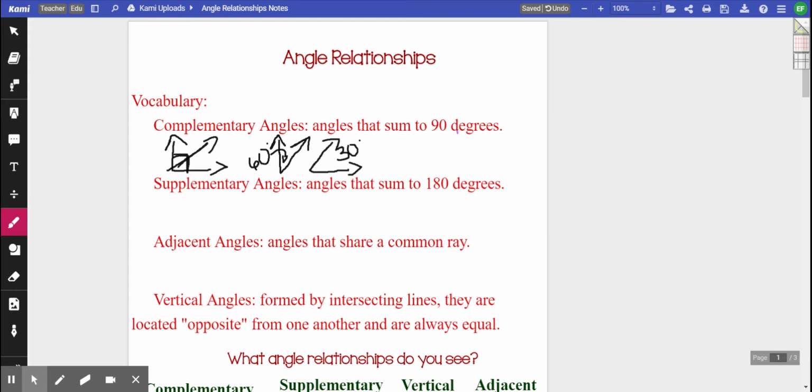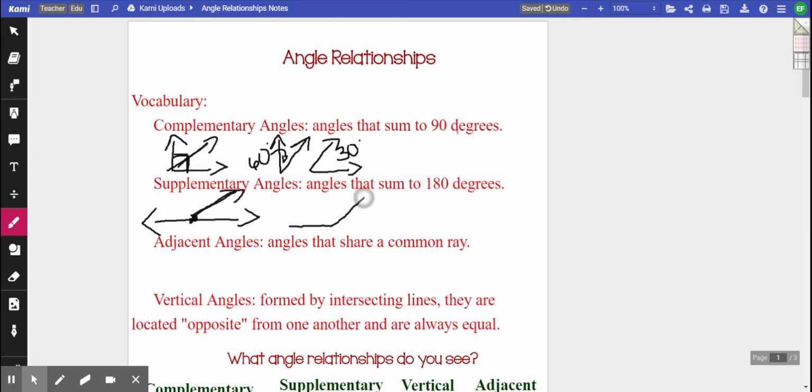Let's look now at supplementary angles. So we can have the same two types of supplementary relationships. We have our first one that we'll show here, where we have two angles that share a common ray. In that case, they would be considered adjacent supplementary angles. Or we can have non-adjacent supplementary angles.